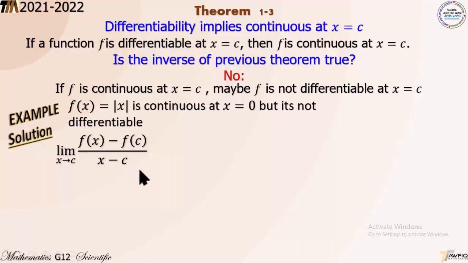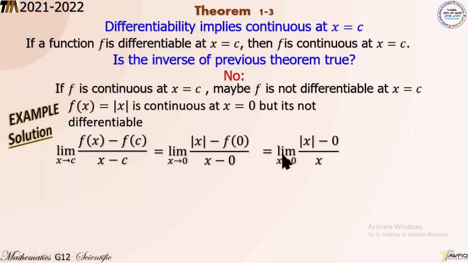Because c is equal to 0, it becomes the limit as x approaches 0 of absolute value of x minus f of 0 over x minus 0. Then the limit as x approaches 0 of absolute value of x over x.